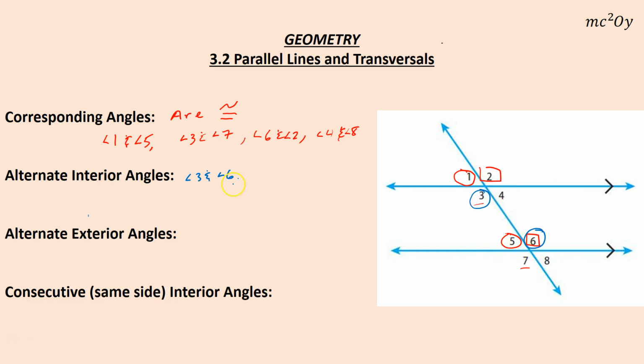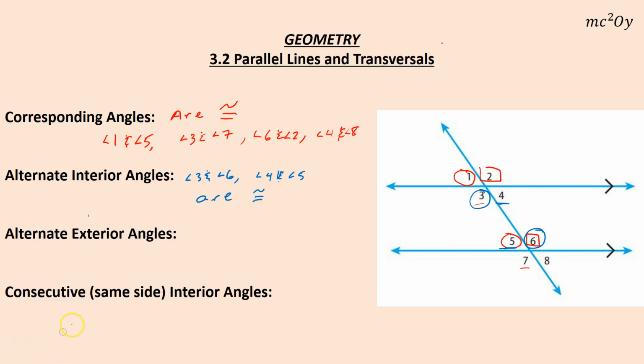So 3 and 6, and 4 and 5. Alternate interior angles are congruent also.